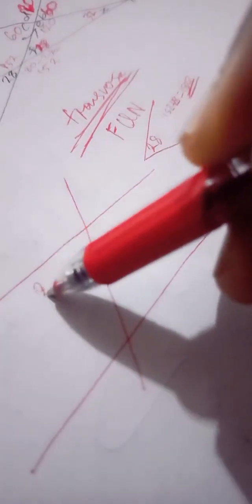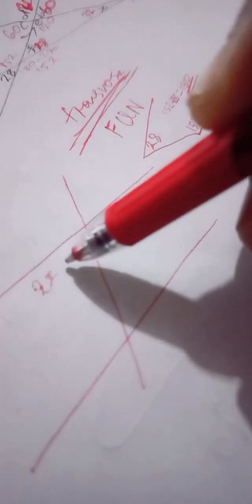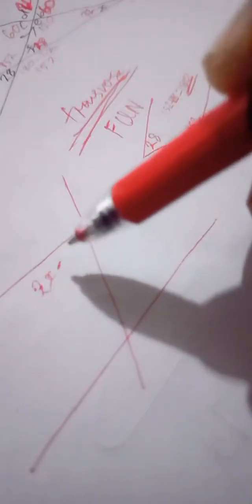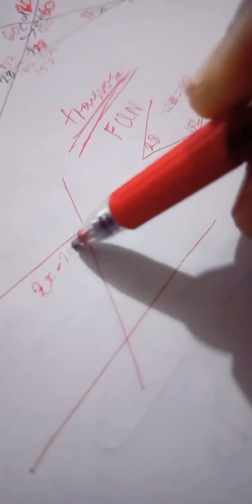Let's say you are given a question like this. And then they say this angle is 2x minus 20, right?